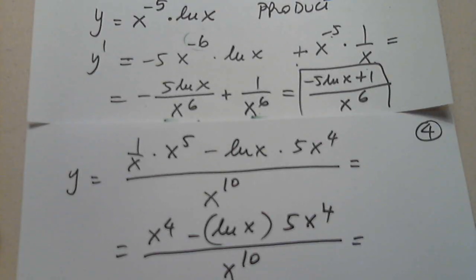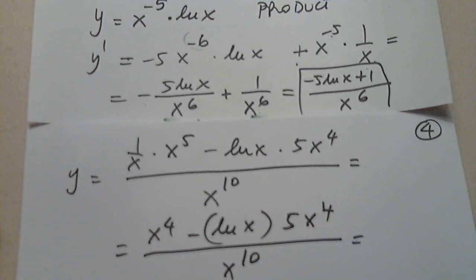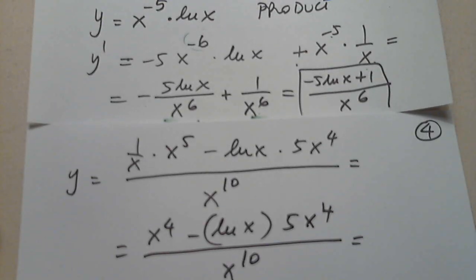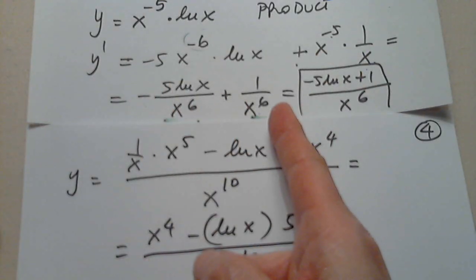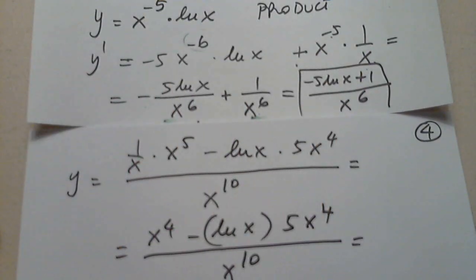So I'm saying that sometimes the quotient rule may require a little bit more work. It doesn't matter, the answer is the same. But this was a little bit easier to handle than this whole thing. Somewhat. Not a big deal.